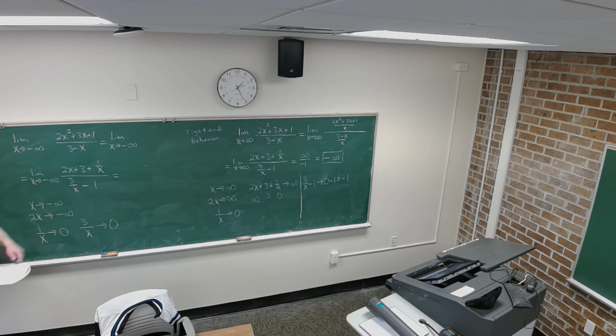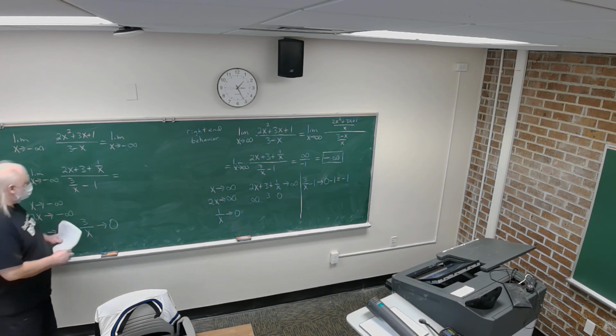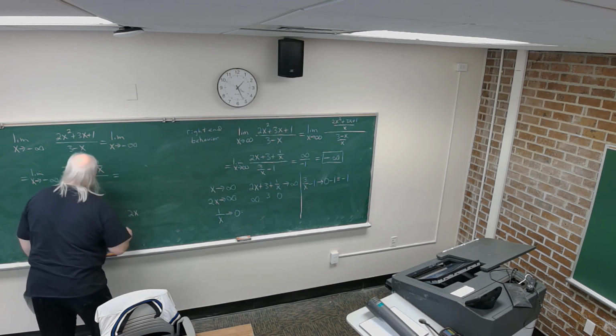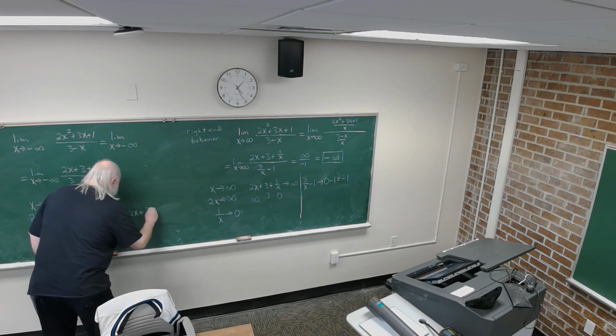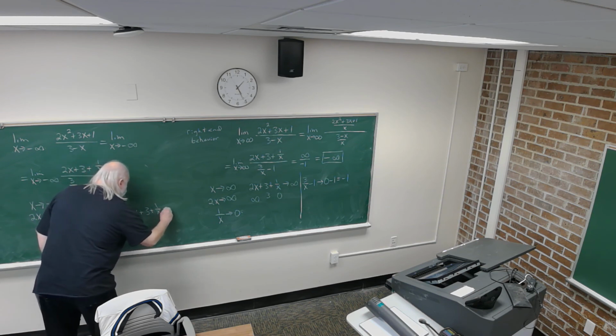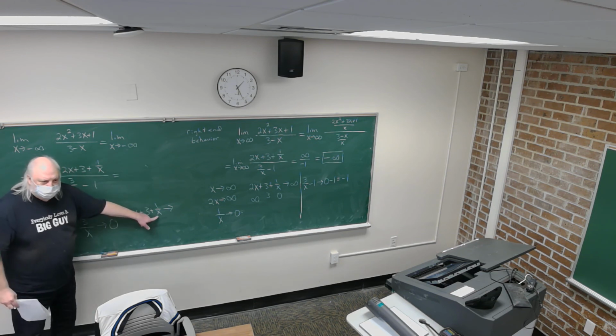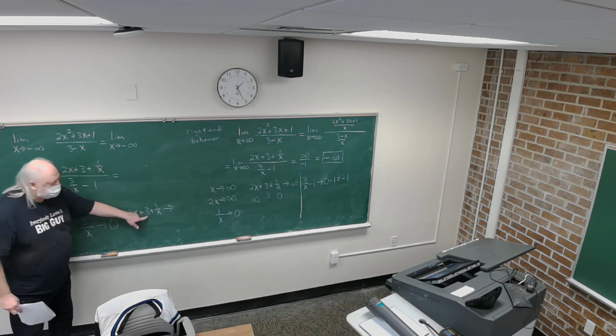So we'll do like we did over here. 2x plus 3 plus 1 over x. 1 over x is going to 0. And 0 plus 3 is 3.